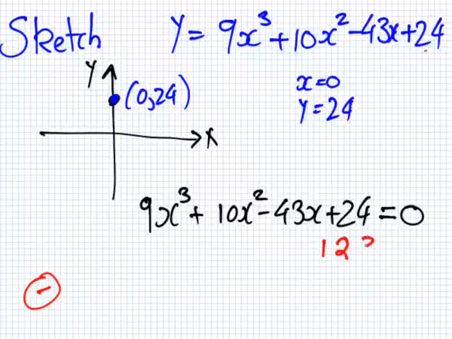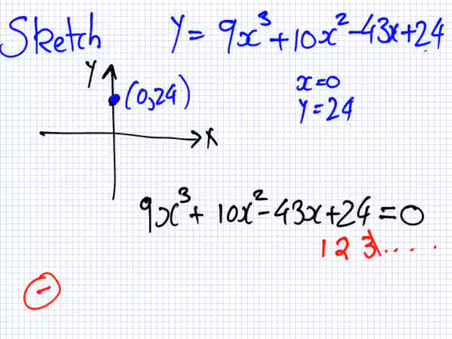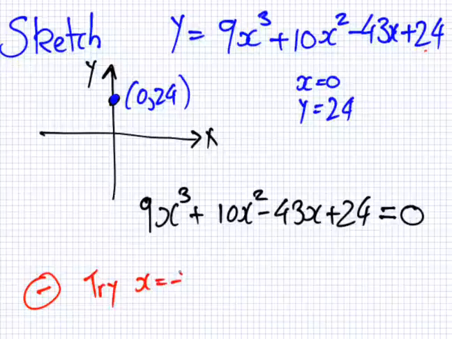So what you could try is numbers that divide into 27. So if I look here, what numbers divide into 24? 1, 2, 3, and there's many more, but I don't need to try that.